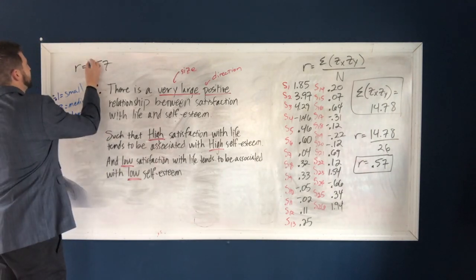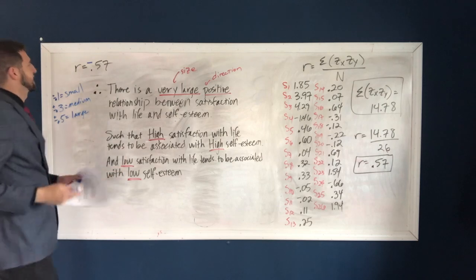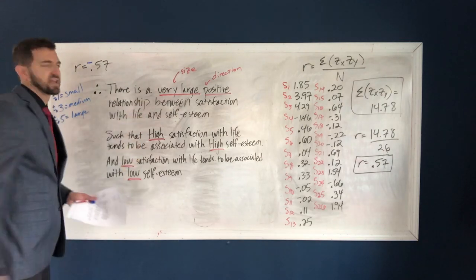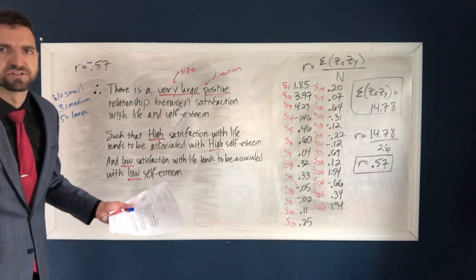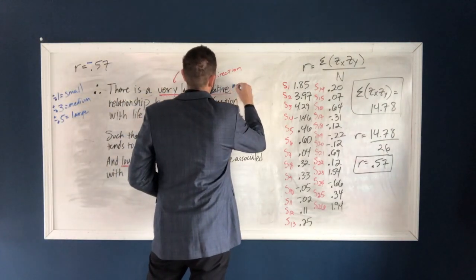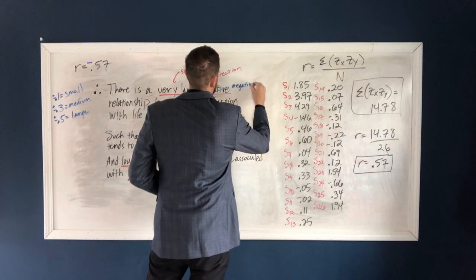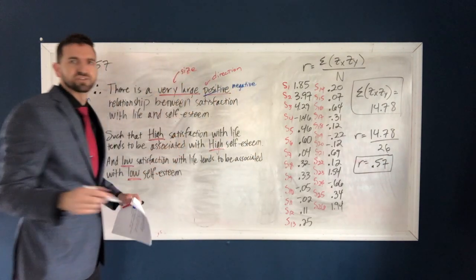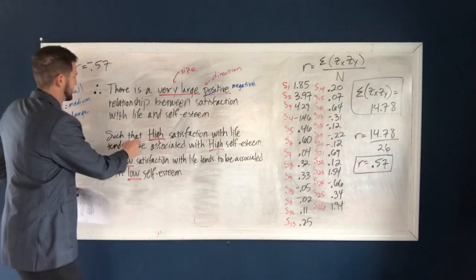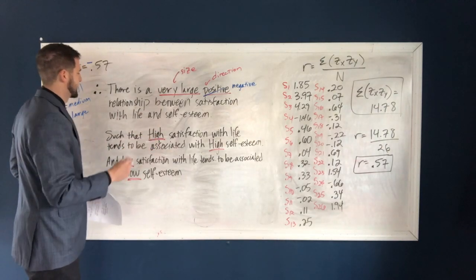So what if our correlation was a negative 0.57? Well, still, you could say very large or large, whatever you want, though the direction would change. It would now be a negative relationship between satisfaction with life and self-esteem. Now this one, here's how it would change.